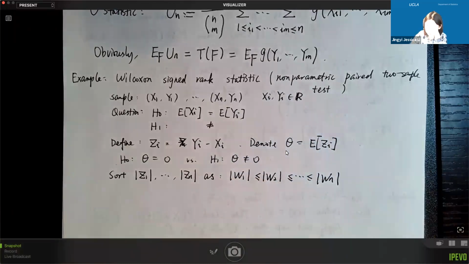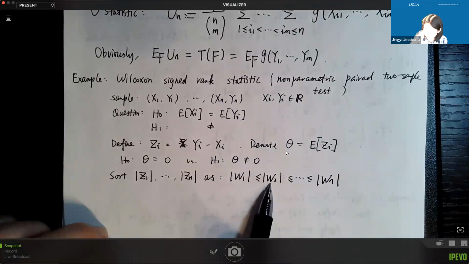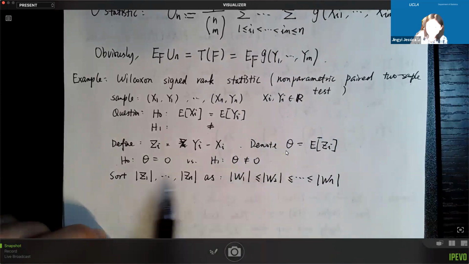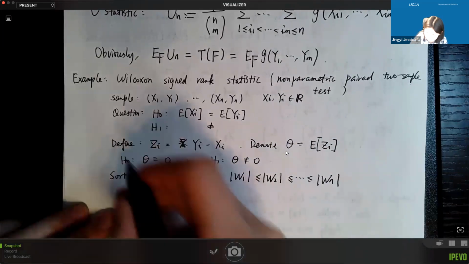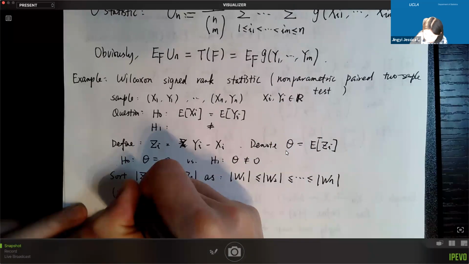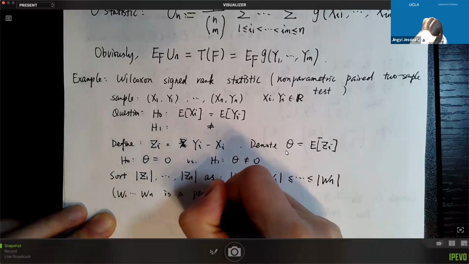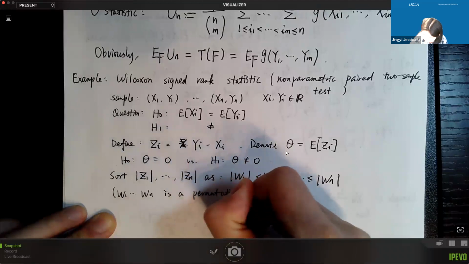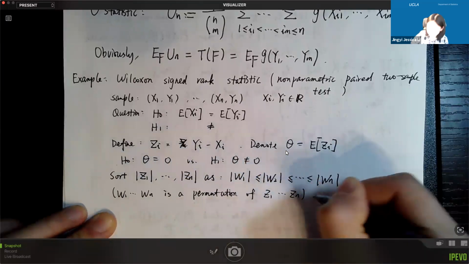In other words, the small W1 represents the Z1 after sorting. So W1 to Wn is a permutation of Z1 to Zn, but they follow the order of the absolute value. So W1 to Wn is a permutation of Z1 to Zn. That's what we mean.